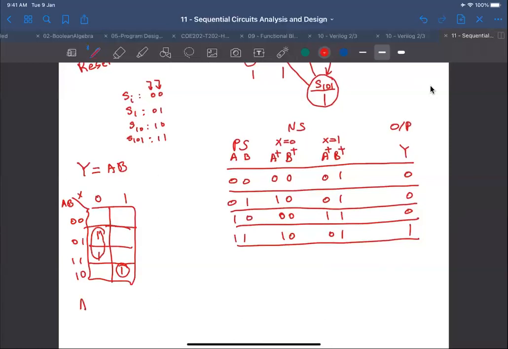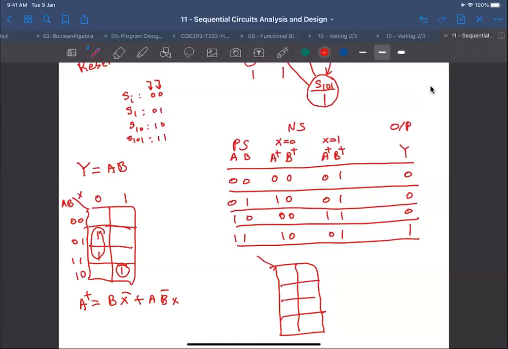So my A plus equals B X complement ORed with this minterm, which is A ANDed with B complement ANDed with X. All right, what about B plus now?